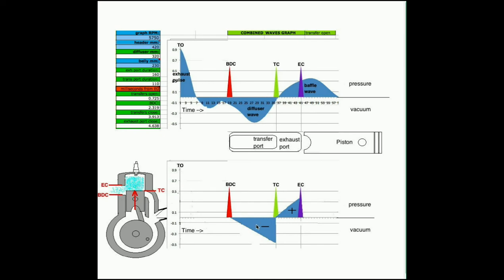And what happens with the negative pressure, as this piston is rising from BDC to TC, it naturally causes a suction in the crankcase, which will pull the intake charge, which previously was squirted up through the transfers into the combustion chamber, pull some of it back down, which is not what you want.